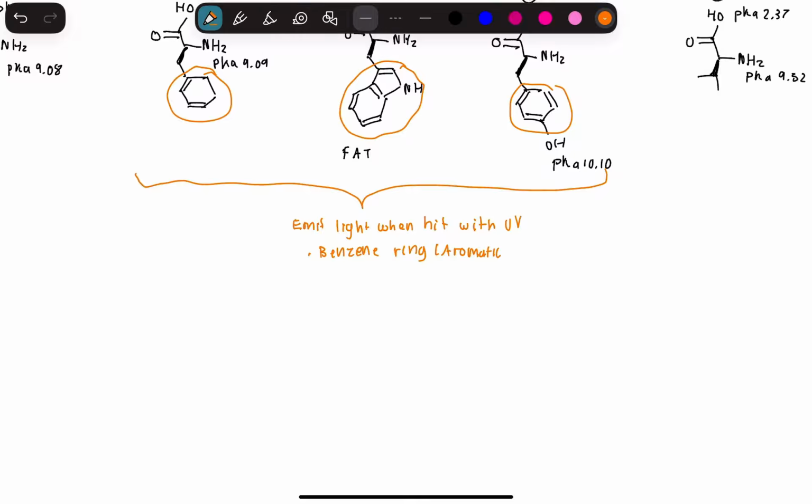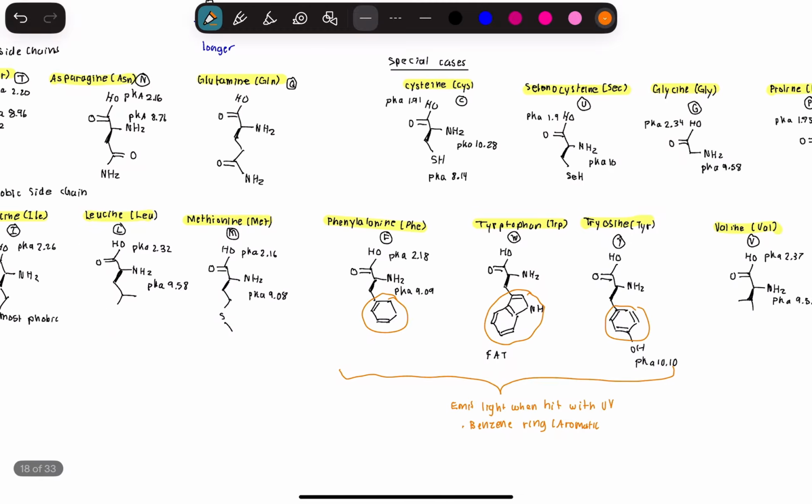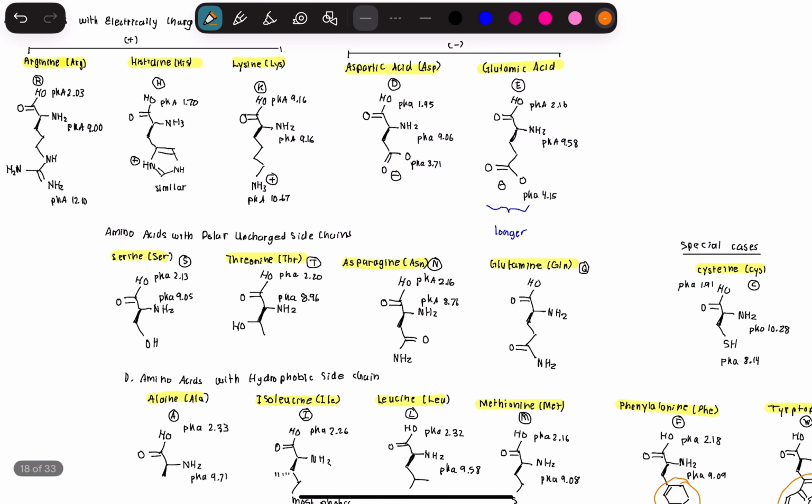Now I want to point out a buffer in histidine.